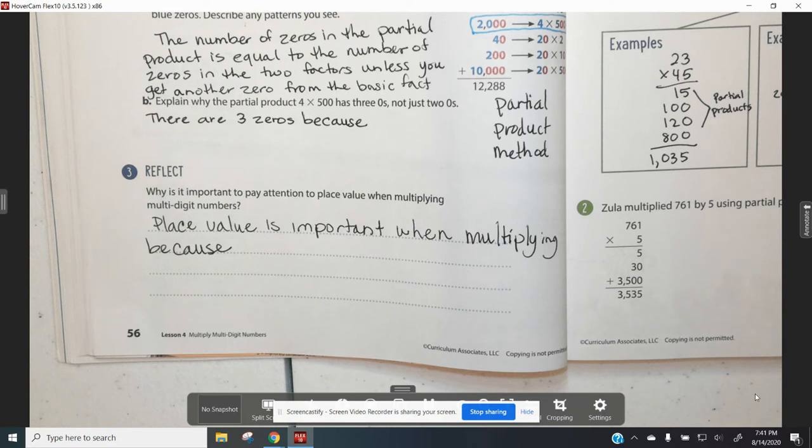All right, if you're not done yet, which I don't expect you to be done, please pause the video, finish writing your answer, and when you're ready to move on, you can unpause the video.